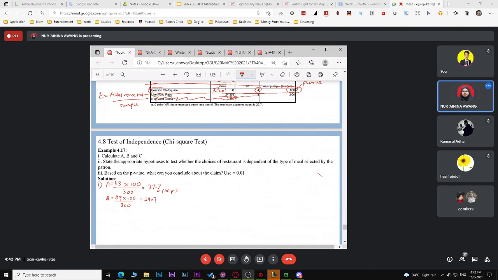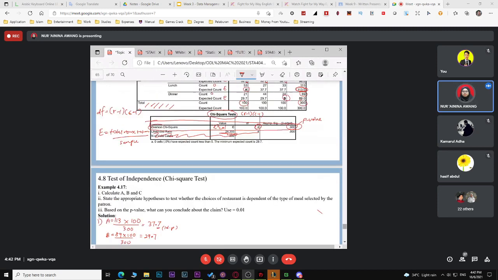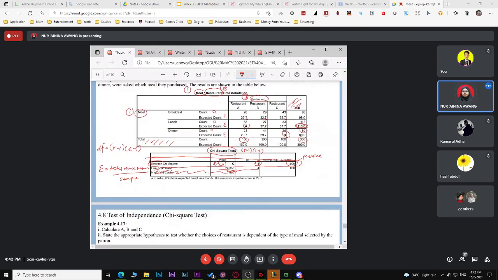So now, to find the value for C, we know that we need to use this formula. Okay. And we already have the value for your observed and expected frequency for each row and column. So you need to have 4, 5, 6, 7, 8, 9.